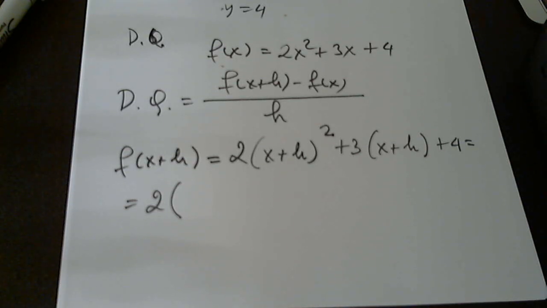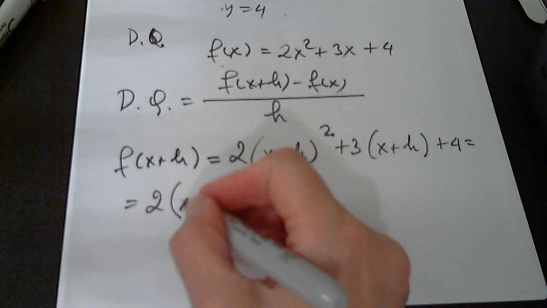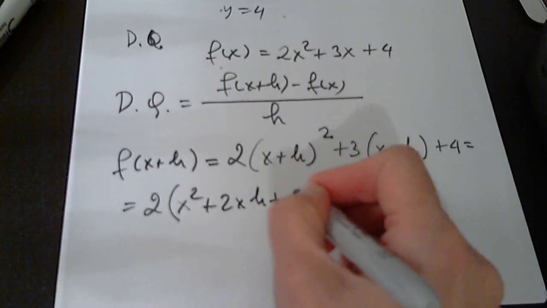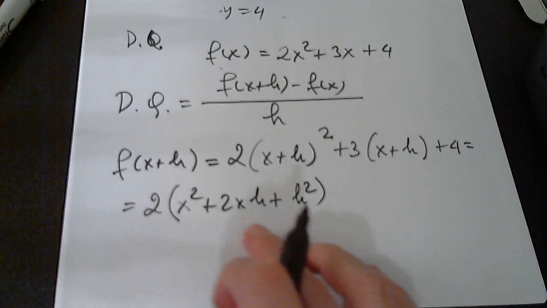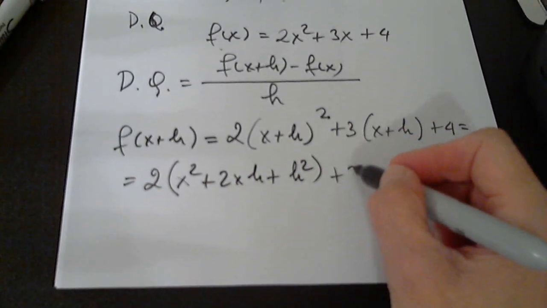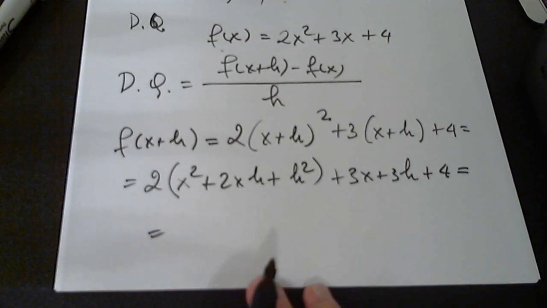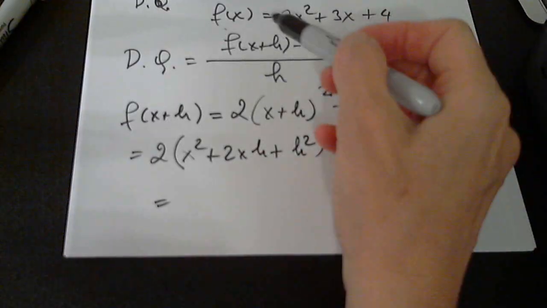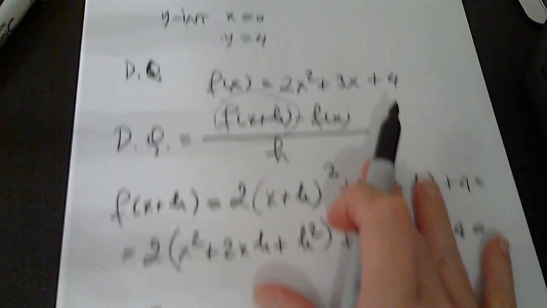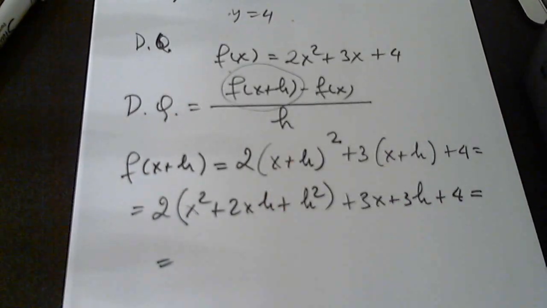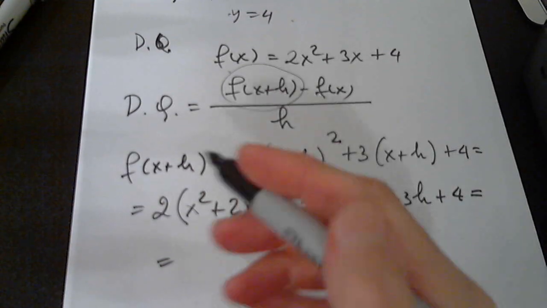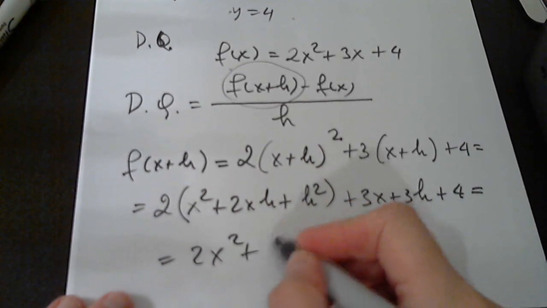Is it x squared plus 2xh plus h squared? Indeed. Do not distribute before you square. Plus 3x plus 3h and plus 4. And the final simplified form of this piece, just this piece. We don't have anything else yet. 2x squared plus 4xh, yes, plus 2h squared. Yes.